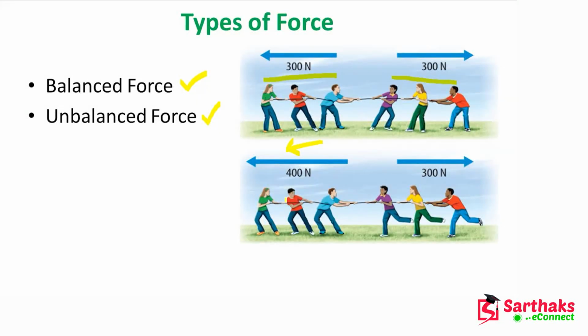So here you can see that this is the balanced force. That means in these two directions, whatever force has been applied, both are the same. So if this is our F1 and this is our F2, here F1 equals F2.